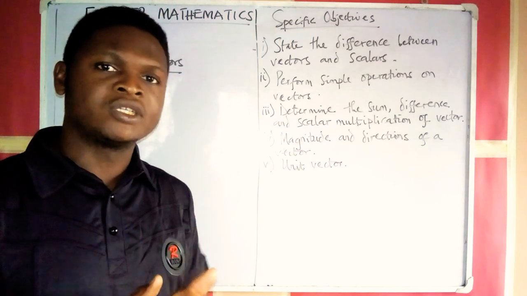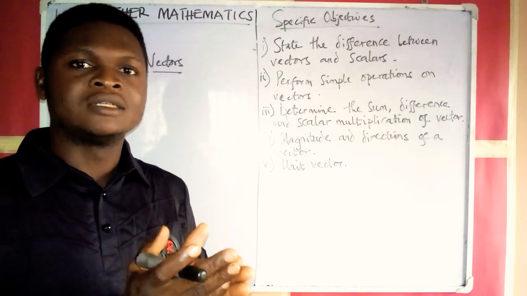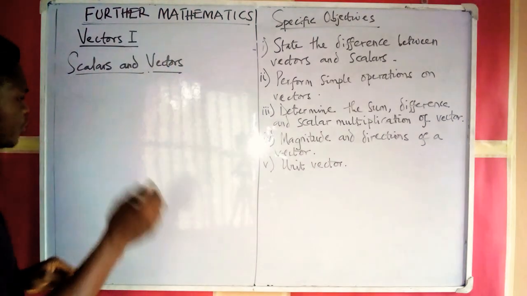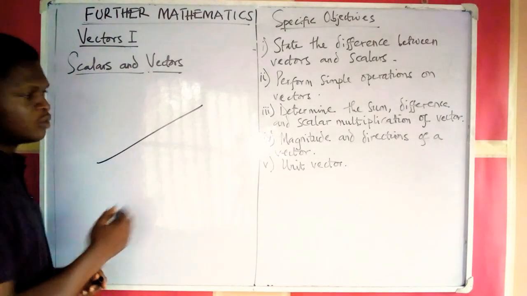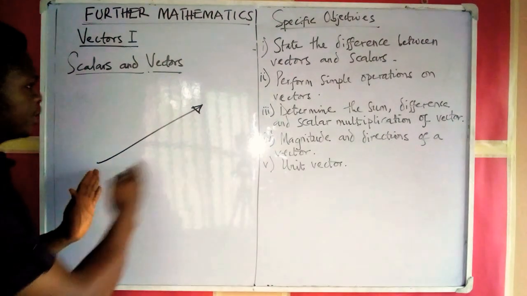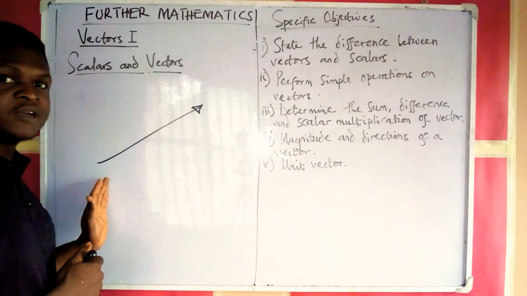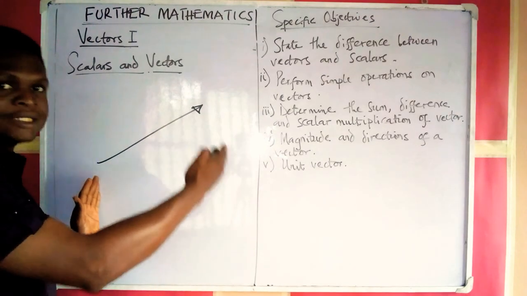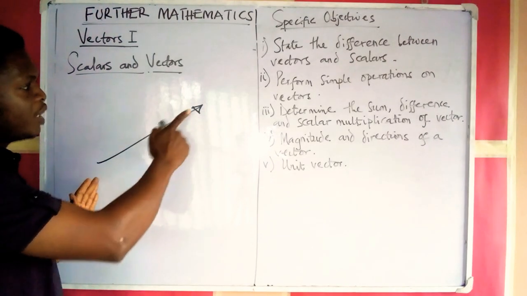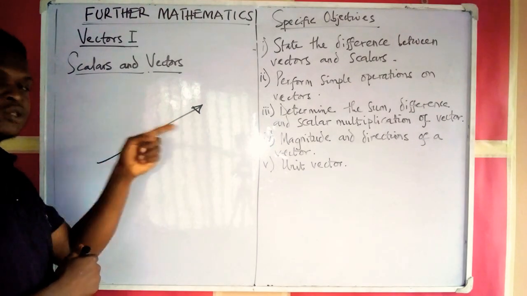How do we represent vectors? We represent vectors using a straight line with an arrowhead. Now, the length of the straight line represents the magnitude, which is the size of the vector, while the arrowhead shows us the direction of the vector.